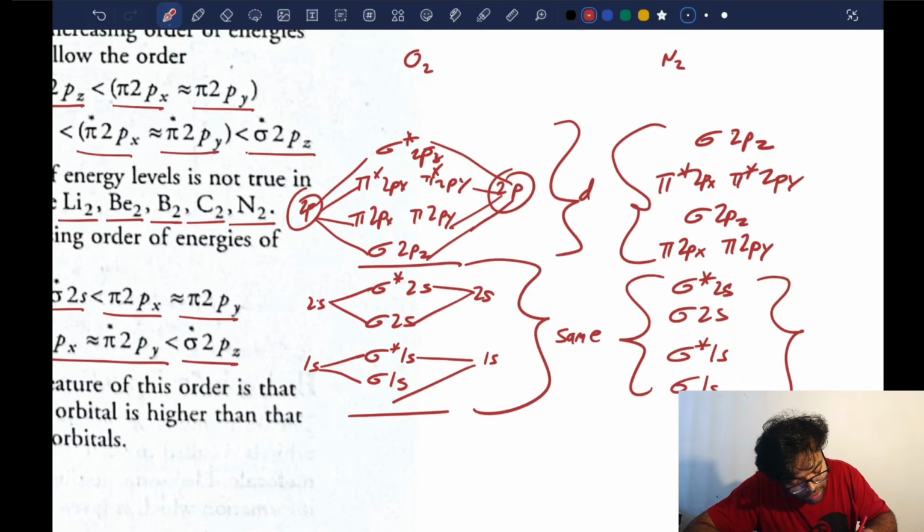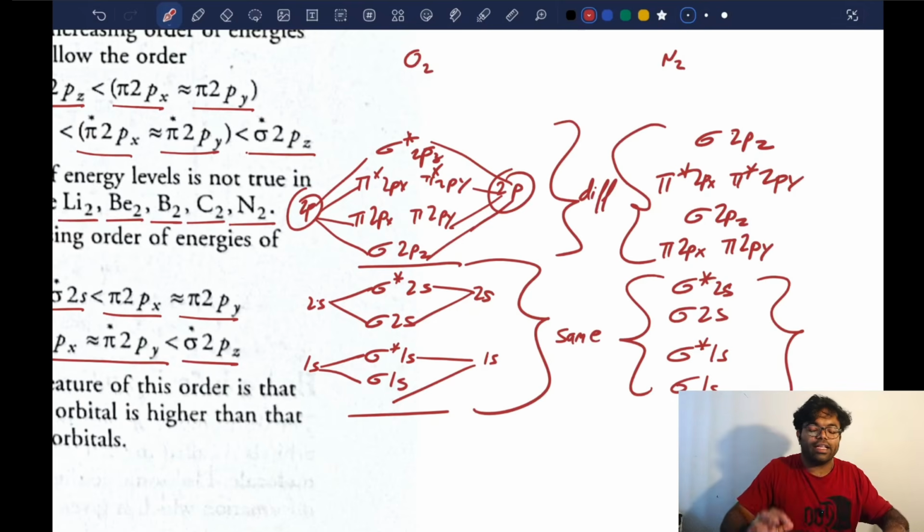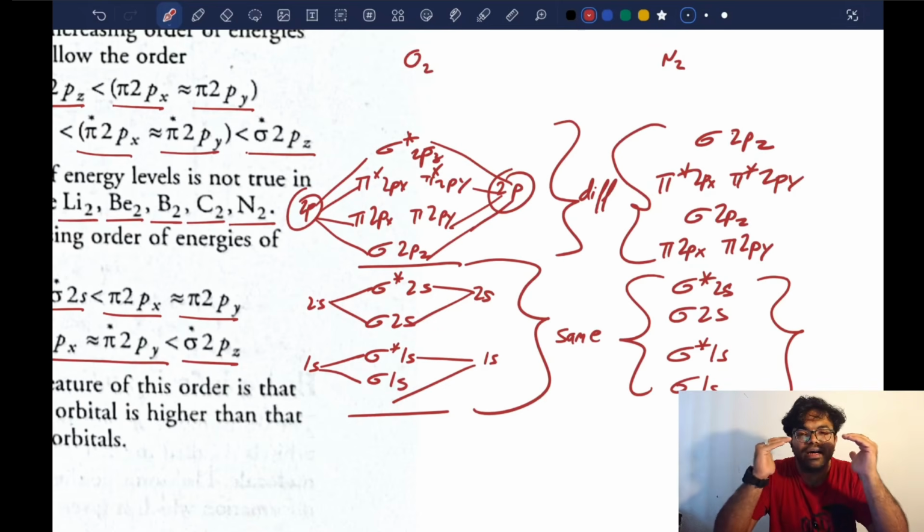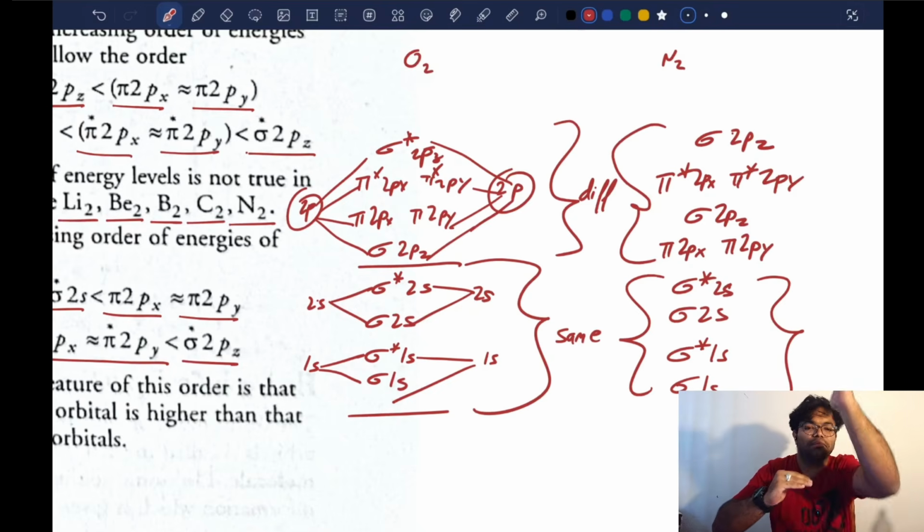In the case of oxygen and fluorine, you have sigma 1s, sigma star 1s, sigma 2s, sigma star 2s, pi 2px, pi 2py, sigma 2pz, pi star 2px, pi star 2py, and sigma star 2pz. Okay, sigma pi pi sigma.